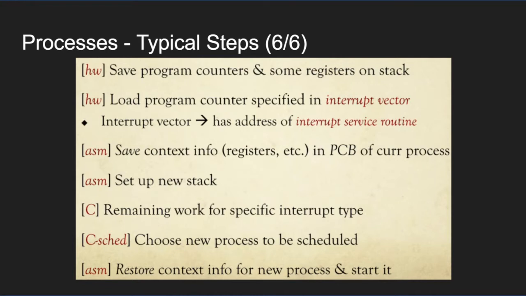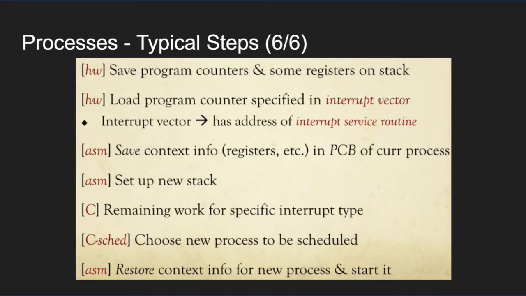Then you also have the assembly code that saves context info, so registers, etc., in the process control block of the current process. Then you set up a new stack. Then you do the remaining work for the specific interrupt type, and then you choose a new process.